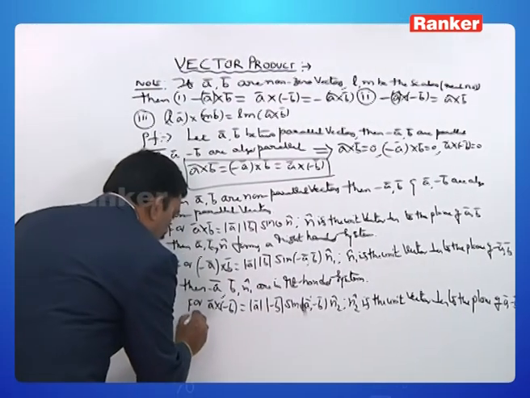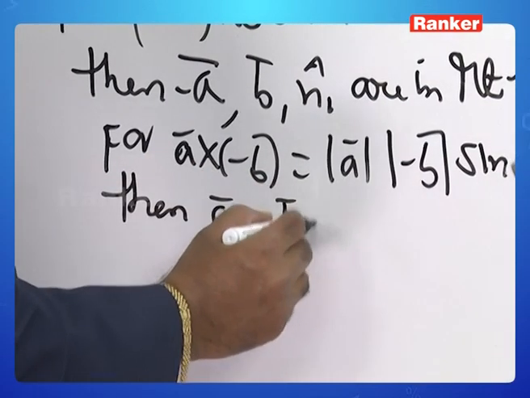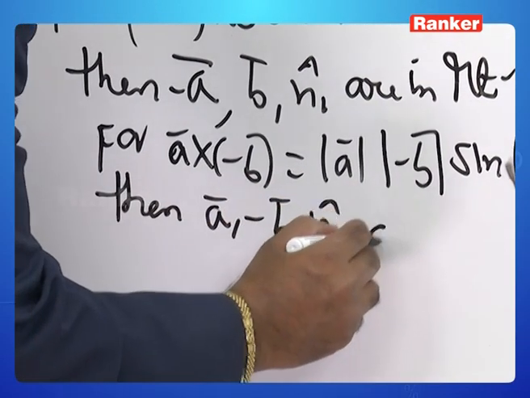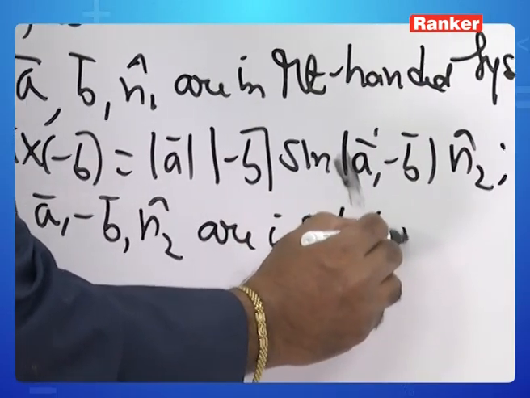Thus A bar, minus B bar, n2 cap are in a right-handed system.